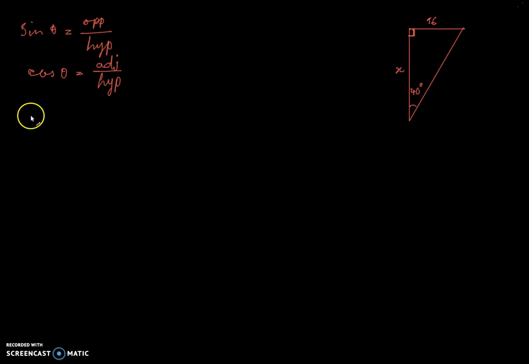Right. So tan theta would be basically sine theta by cos theta. And sine theta by cos theta in this case is this whole thing divided by this whole thing, and then you would end up with opposite by adjacent.